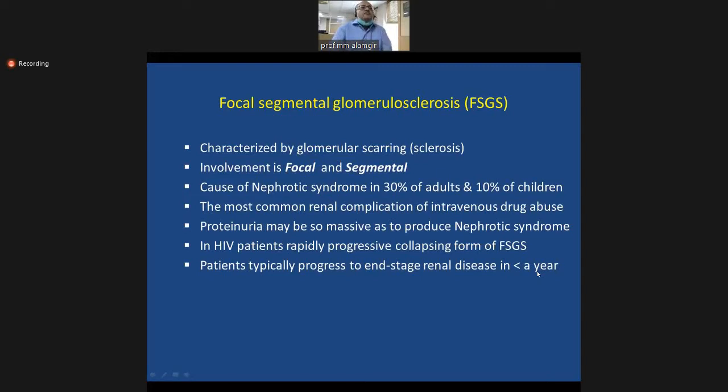Within 1 year, the major proportion of both kidneys may get sclerosed or fibrosed. So these patients would definitely require dialysis and renal transplantation. So that was the second or the first common cause of nephrotic syndrome in adults.